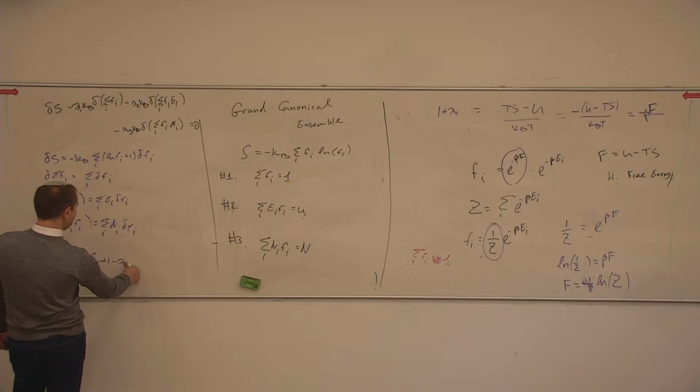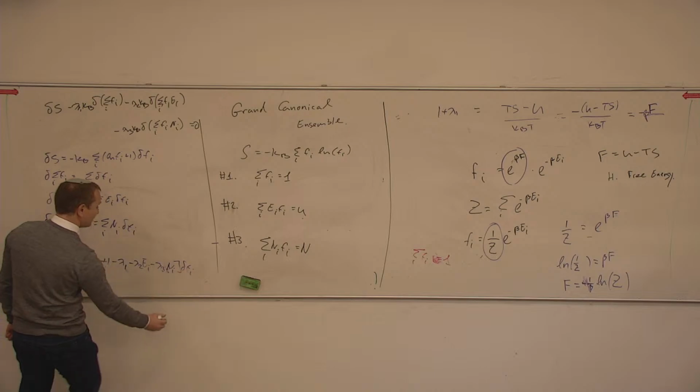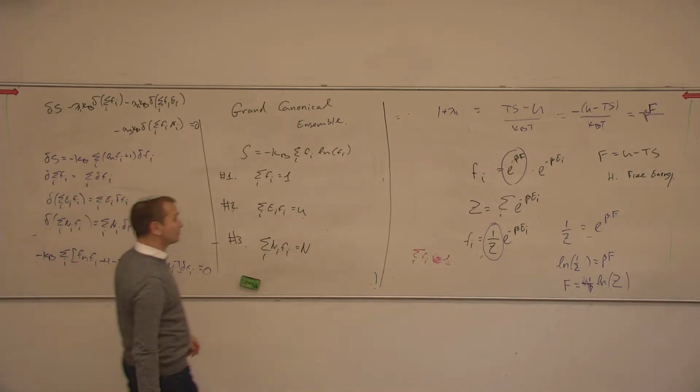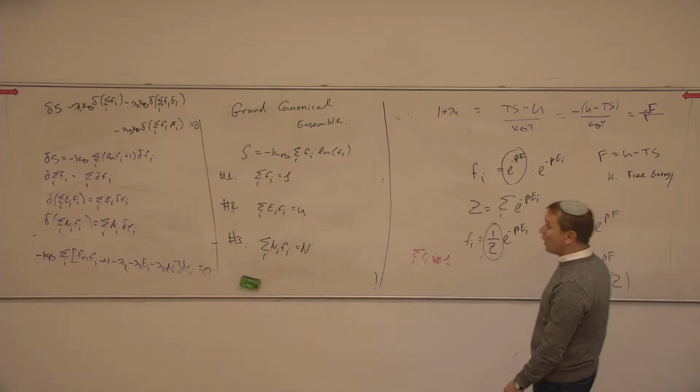I'm sorry, minus lambda 1 minus lambda 2 EI minus lambda 3 NI. I have delta Fi over here and everything equals 0. Right? The trick is, again, while all the different Fi's are independent, why are they independent?